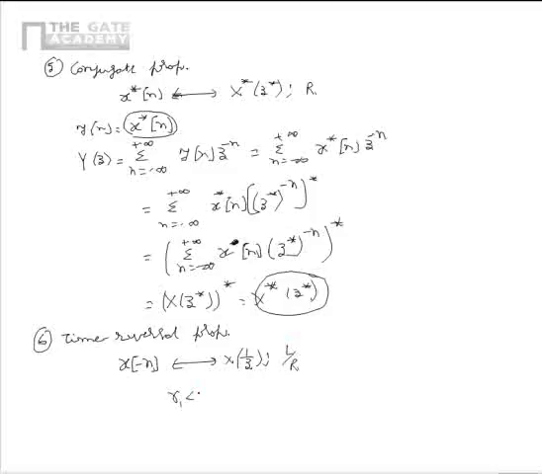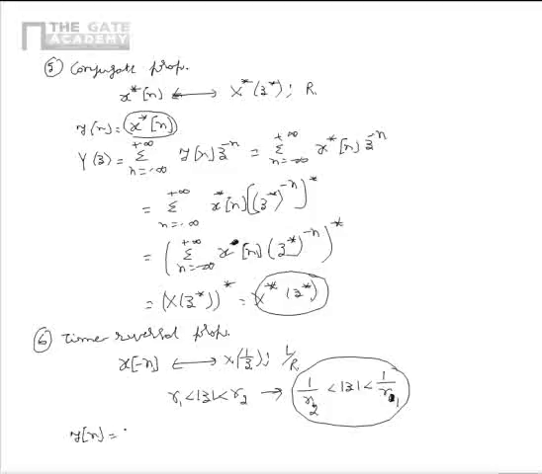That is, if R1 less than mod z less than R2 is the ROC of x of z, then the new ROC would be 1 by R2 less than mod z less than 1 by R1. This corresponds to x of 1 by z. So this can also be proved as shown.